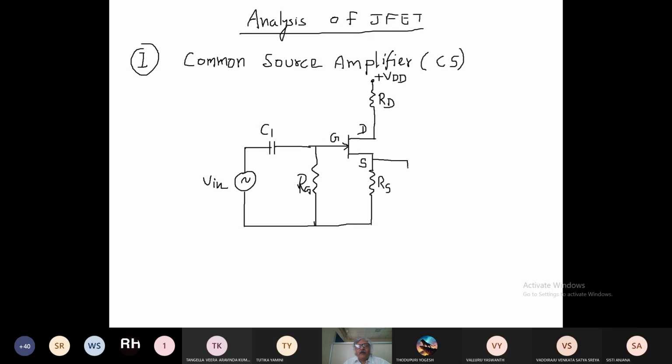And there is one capacitor you have to connect in parallel to RS, and this is our capacitor C2. And here we have another capacitor C3.